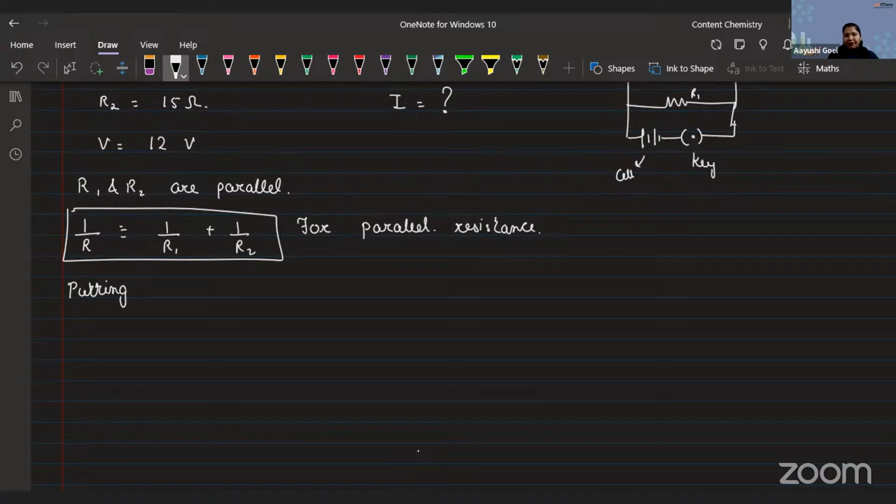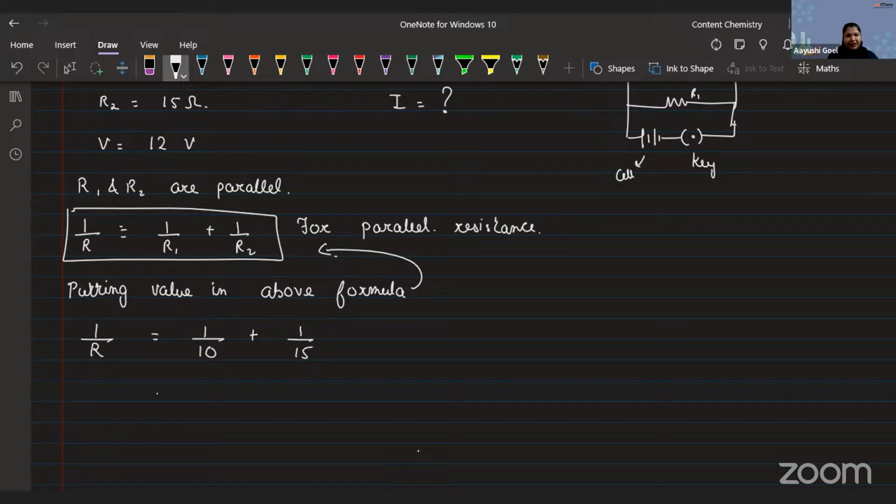Putting values in the above formula, what do I get? 1 by R is equal to 1 by 10 plus 1 by 15. So we can take the LCM. 15 plus 10, so I'll get 25 by 150, and when I solve it, R is equal to 150 by 25.